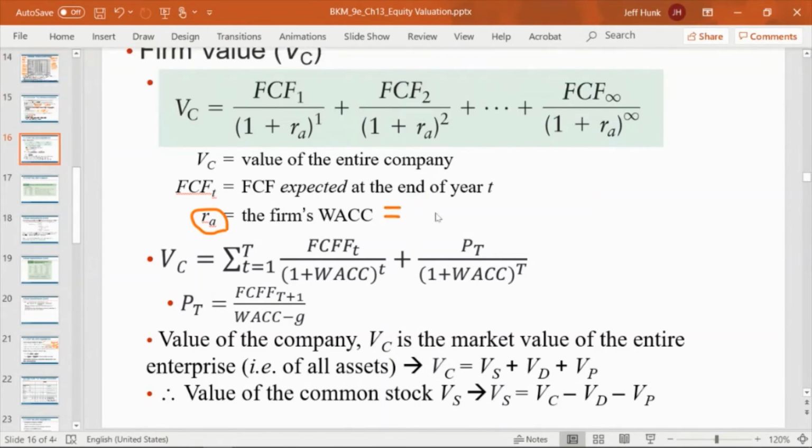Basically cost of equity and cost of debt, right? Because there are two capital components, equity and debt. Sometimes we include preferred stocks, but preferred stock is also basically equity.